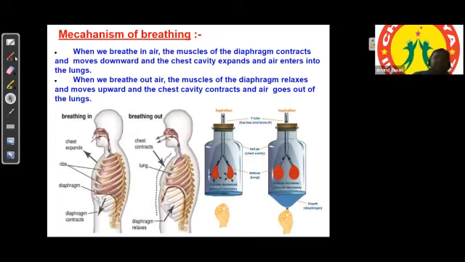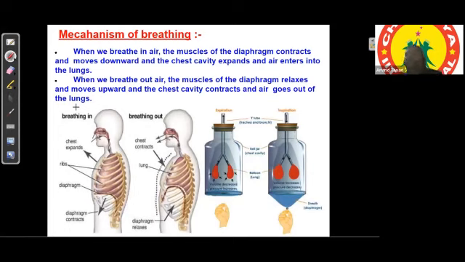See, an assertion and reason question was asked from this topic about two years before, not last year, the year before last. The question was what happens during inhalation. The statement was that during inhalation, the diaphragm muscles contract and the chest cavity expands.